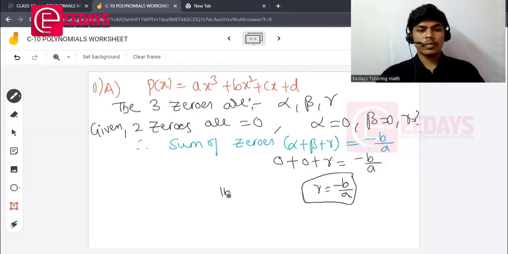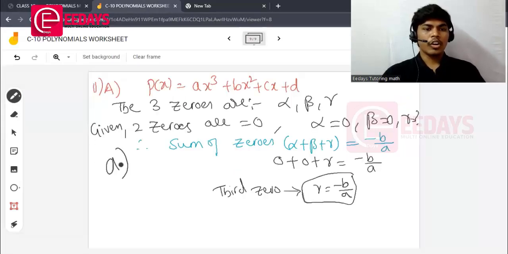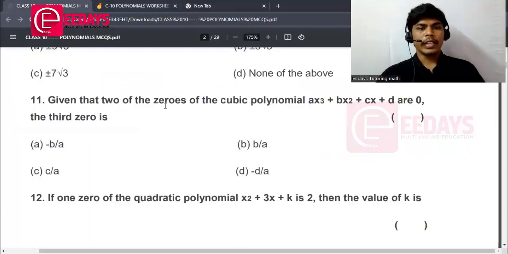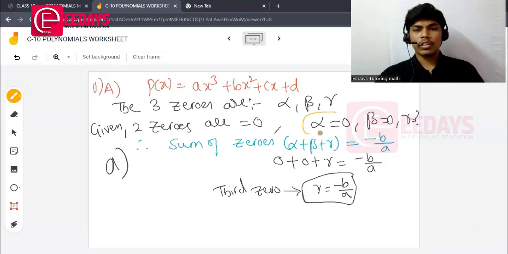So the third zero gamma is equal to minus b by a. Option A is the correct answer. Hope everyone understood. They already gave two of the zeros as 0, that's why I'm taking alpha is equal to 0 and beta is equal to 0, and gamma we don't know, that's why I keep a question mark for gamma.